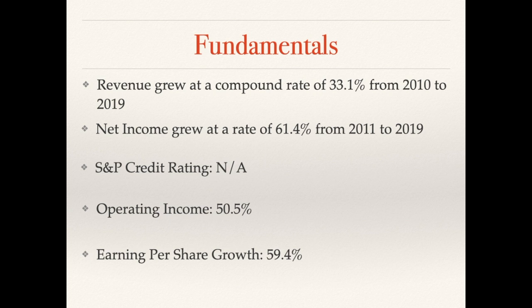And they continue to grow it as well, because revenue 5-year average is 20.7%. So it did drop slightly, about 10% versus their 10-year average, but still high double-digit revenue growth. And net income 5-year average is even better, 74.2% growth for the past 5 years.